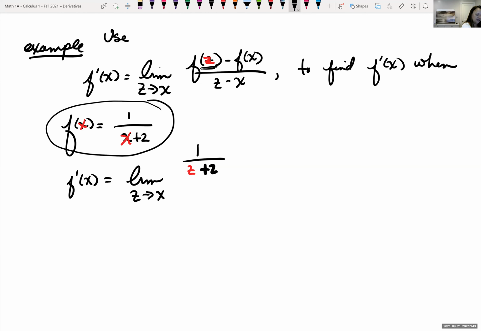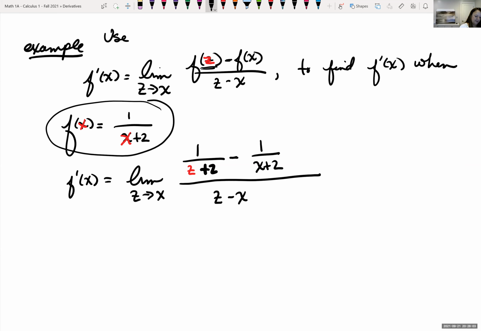And then it tells me to subtract off my function f of x, so minus 1 over x plus 2, all over z minus x.